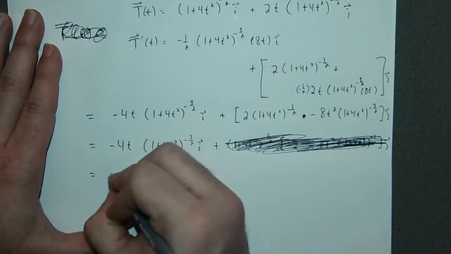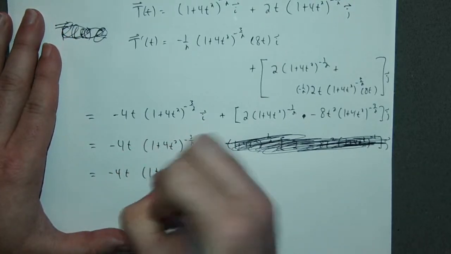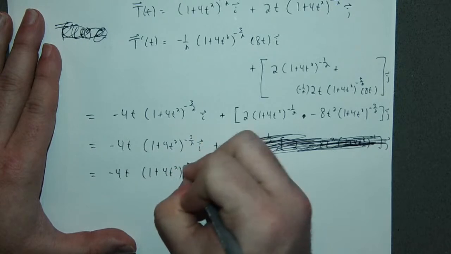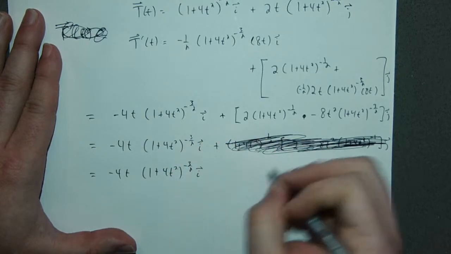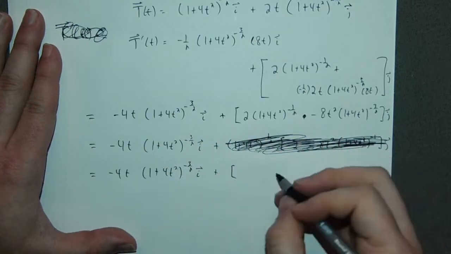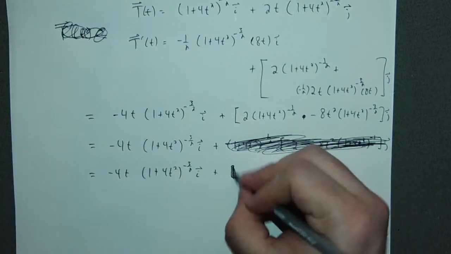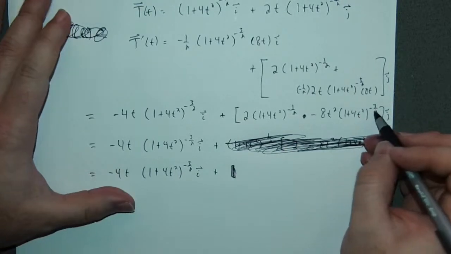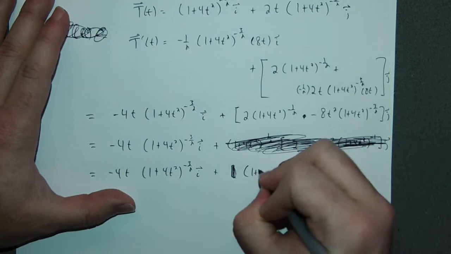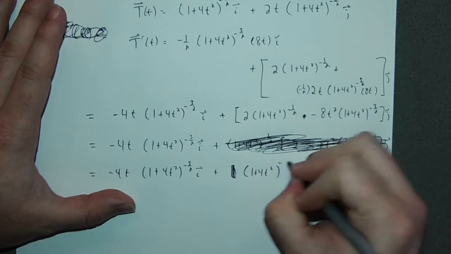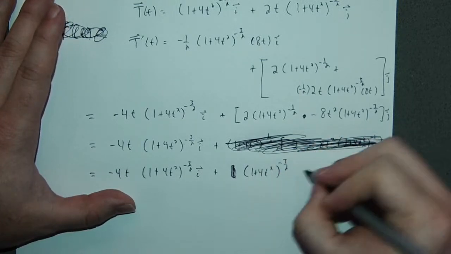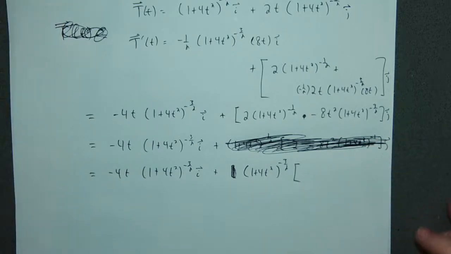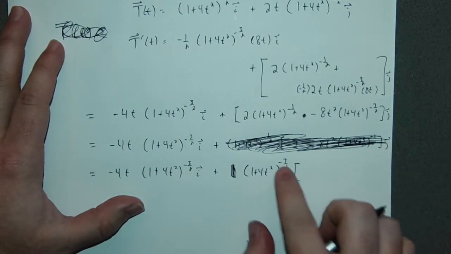So this is minus 4t times (1 plus 4t squared) to the minus 3/2 i plus what I'm going to factor out here actually is (1 plus 4t squared) to the minus 3/2. Now that might look horrible at first. What happens when I factor out (1 plus 4t squared) to the minus 3/2?